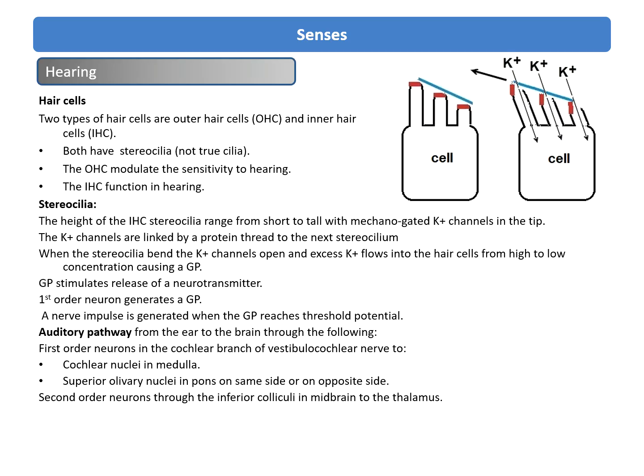Second-order neurons arise in those structures, and the neurons travel through the inferior colliculi in the midbrain to the thalamus. The third-order neurons travel from the medial geniculate nucleus of the thalamus to the primary auditory area.